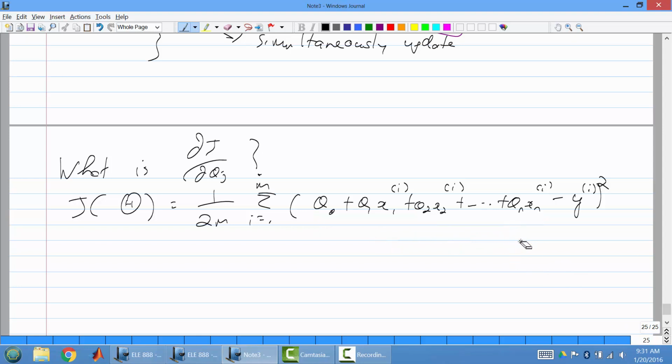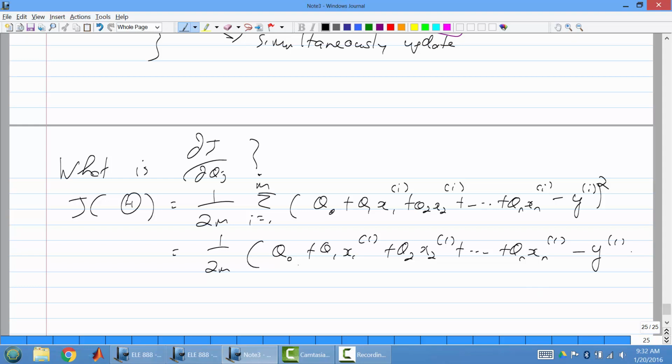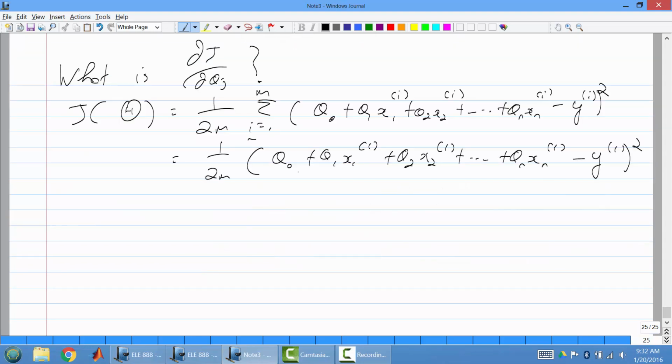Okay, so this is what happened before. I need to take the derivative of this, right? Actually, let me expand it a little bit before I proceed. So 1 over 2m. I've got to do this for the first example. So this is theta 0 plus theta 1 x1,1, theta 2 x2,1, and so on, minus... okay, so that's the first term. I'm just expanding this out, okay?